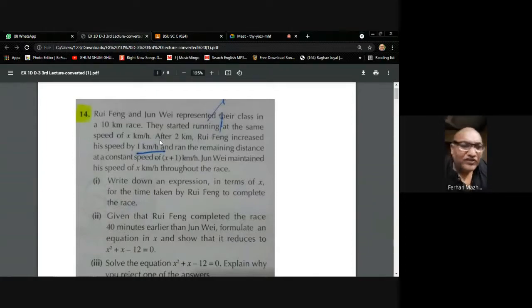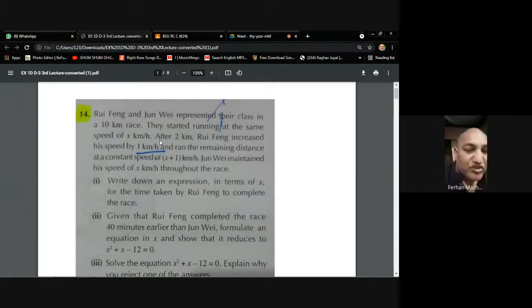That's the first question. Okay, so this question is related with the speed, time, and distance traveled. So you know that the distance traveled is equal to speed multiplied by time, or you can say speed is equal to distance divided by time. So the first man, Rui, is going to cover a 10-kilometer distance, and he has divided that into two portions.